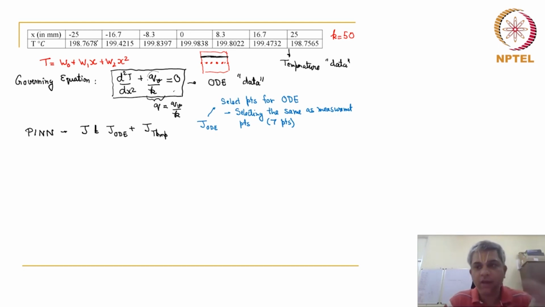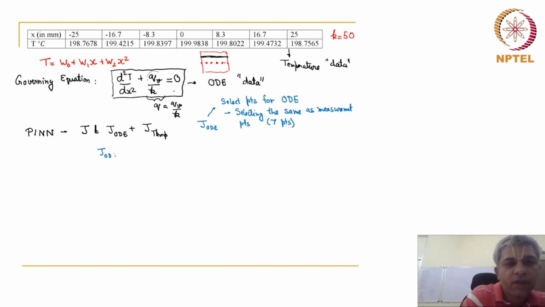Okay, you will see a few things emerge from here once we do this. So we will select the same as the measurement points. So what is J ODE? Let us say I come to a point, let's say I come to xi.